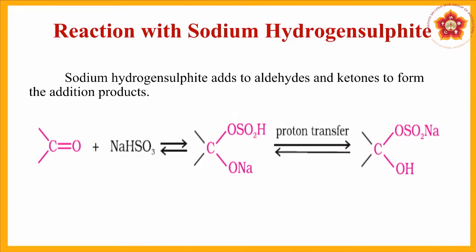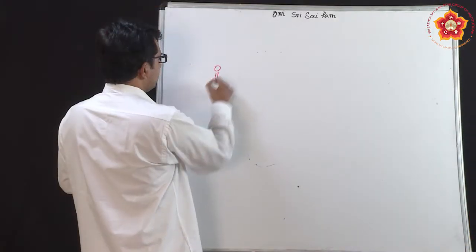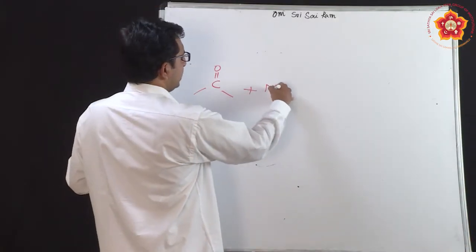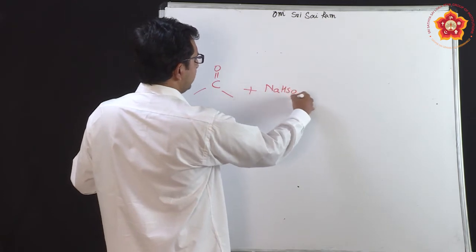Next one, reaction with sodium hydrogen sulphite. Henceforth, majority of the reactions will not be something new for you, it will almost be similar, where all these types of reactions will now involve the splitting of various types of compounds. So, suppose I take a carbonyl group which is present here, and I consider the sodium hydrogen sulphite which is there.